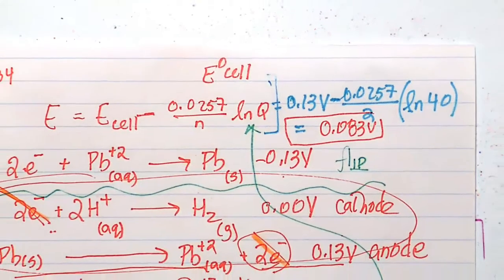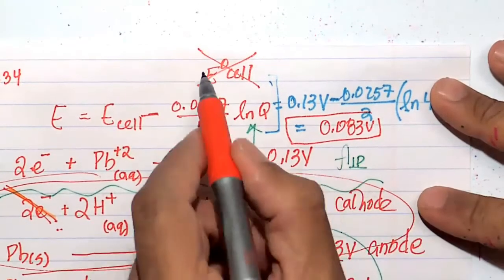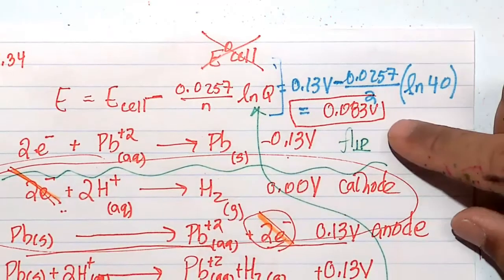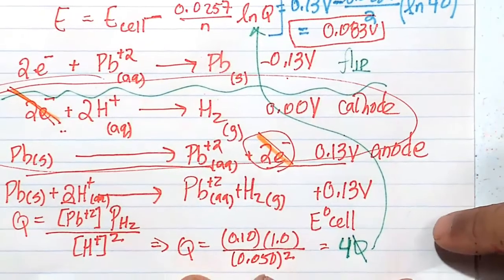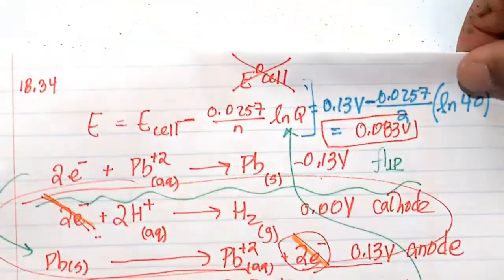That will be our answer for E, not E cell, but standard state. Standard state would mean everything would be 1 molar and you'd be at 25 degrees. This is the voltage that we get for this battery under these concentrations, which are non-standard state.